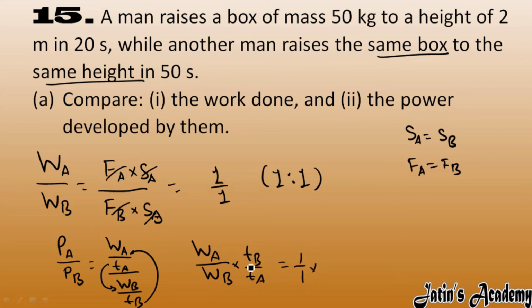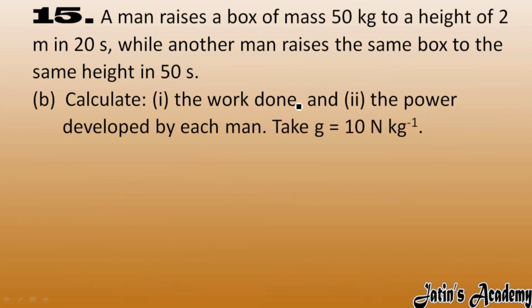Time taken by B is 50 seconds, and time taken by A is 20 seconds. So here we got the power ratio as 5:2. Now we have to calculate the values of work done and power.